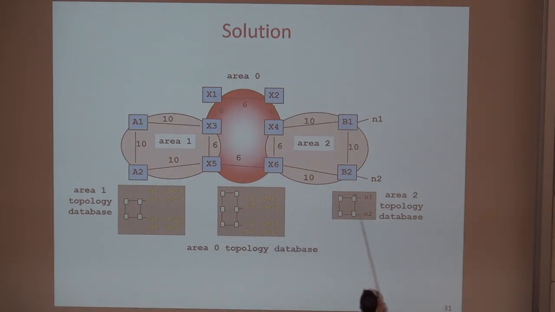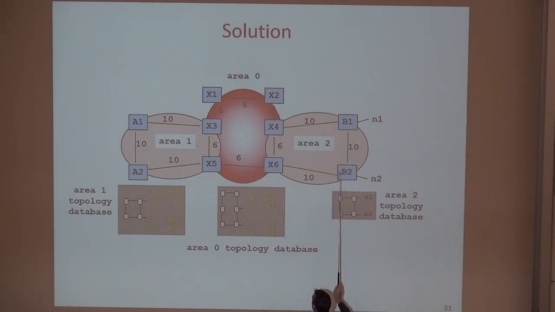Well, first, inside area 2, each of the 4 routers has this topology database, which I quickly summarize. Of course, there's more information, the value of the links, but it shows N1 and N2. Then a router like X6 or X4, for example, inside area 0 knows the topology database, which is the networks that are inside the area, plus X4.